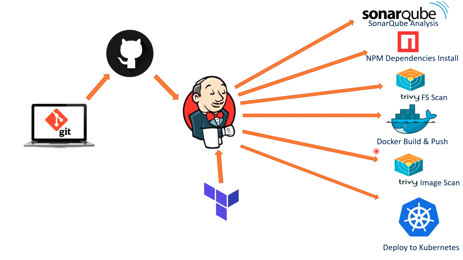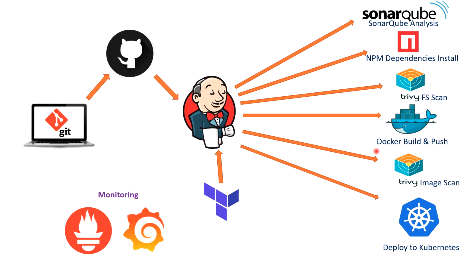and we will have monitoring configured using Prometheus and Grafana, which will monitor the EKS cluster, and it will also monitor Jenkins.